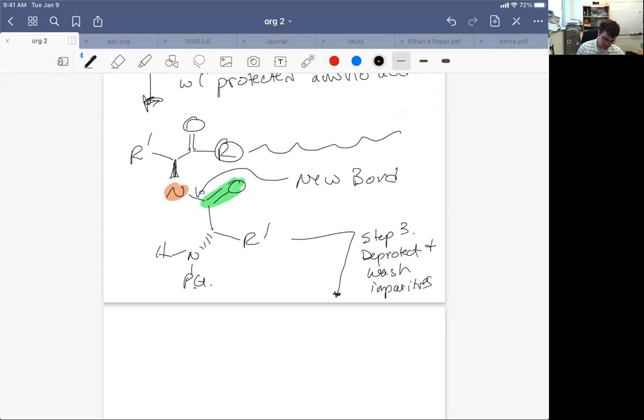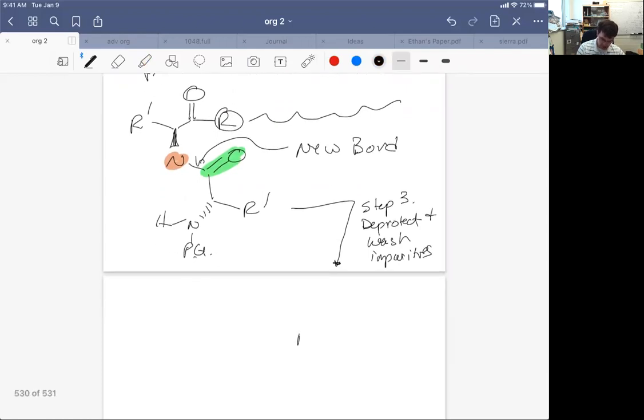And when we deprotect and wash away impurities, we get to a resin that looks different than our starting resin. In particular, the nitrogen is now adducted to a carboxyl group. And that nitrogen was red, and I'm just kind of painting everything a highlighted color so we can keep track of everything.